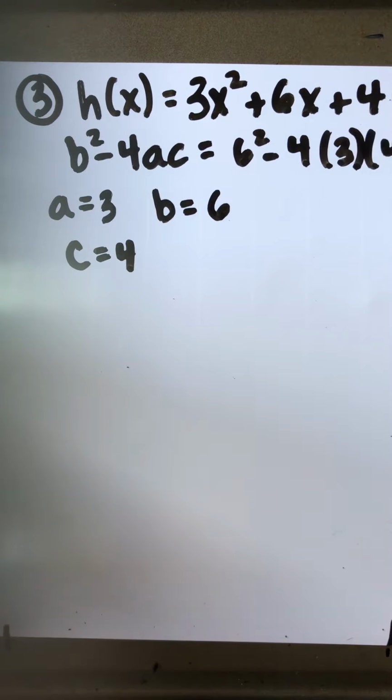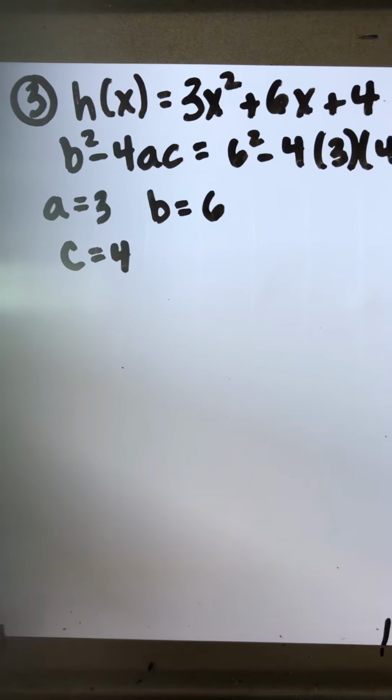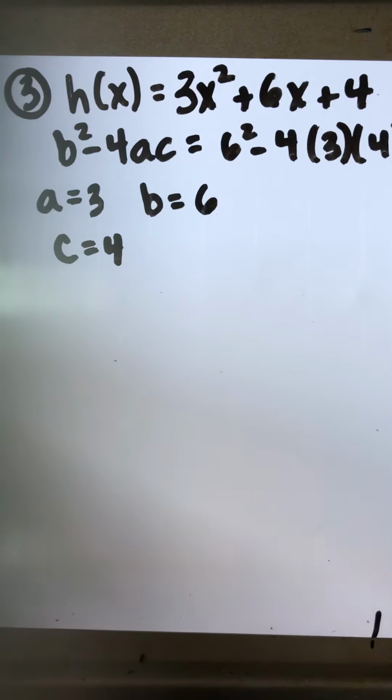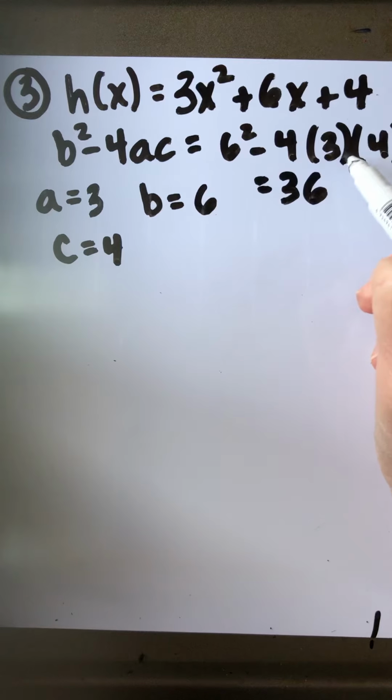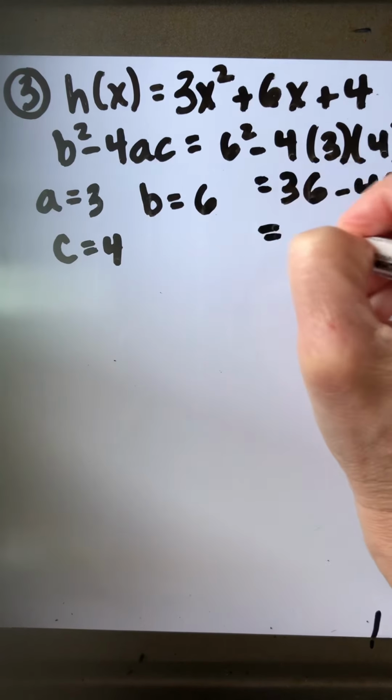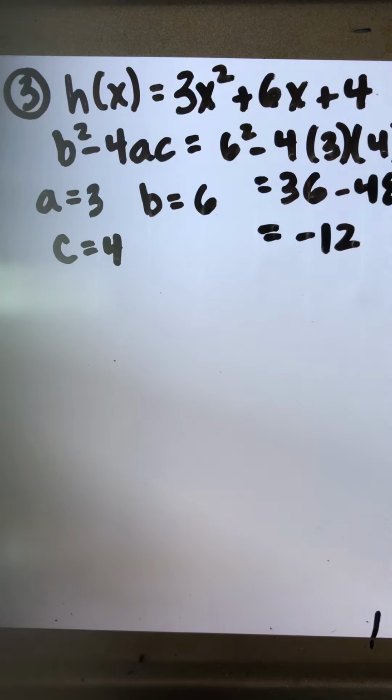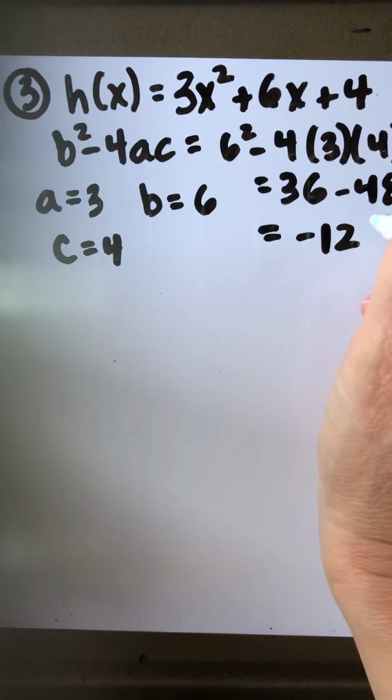So when I complete those calculations, 6 squared is 36. 4 times 3 times 4 is 48. And 36 minus 48 is negative 12. So our discriminant has a value of negative 12.